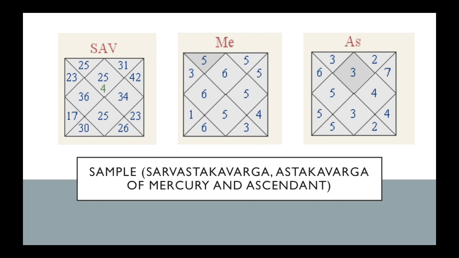Say for example, your 11th house has very good points, say around 40 or 45 points. Your desires will be fulfilled very easily. If you put in 70% of effort, you may get 90% of the results, or the monetary gains. You'll get a lot of money.